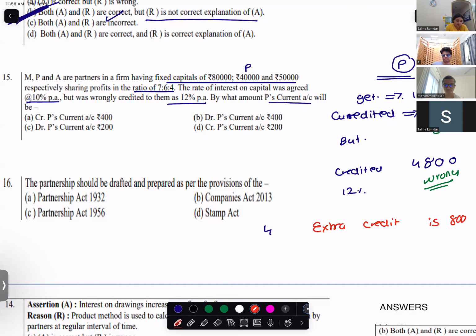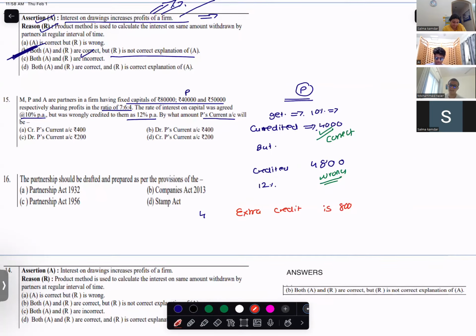Rate of interest on capital was agreed at 10%. 10% is 4,000, and 12% is 4,800. By what amount P's current account will be?